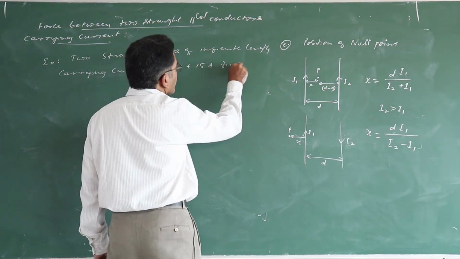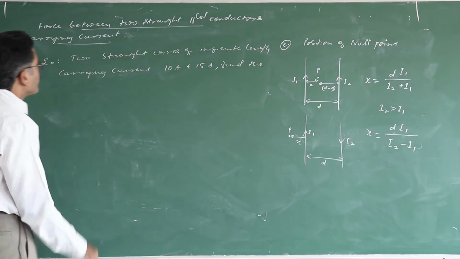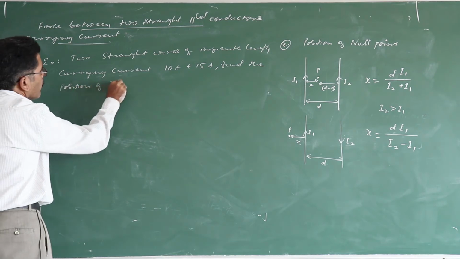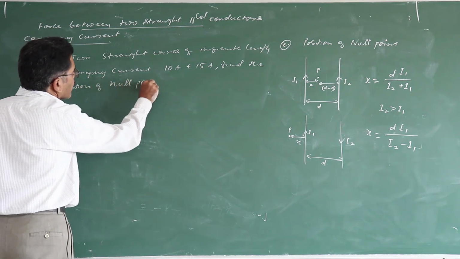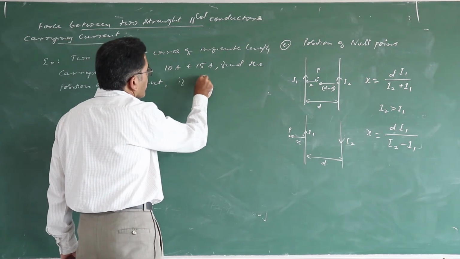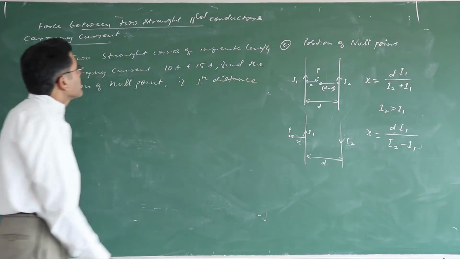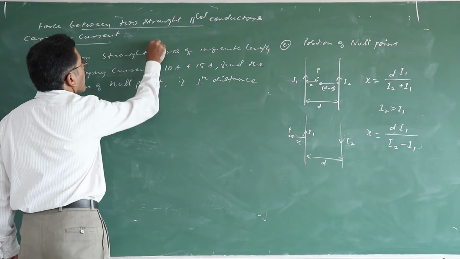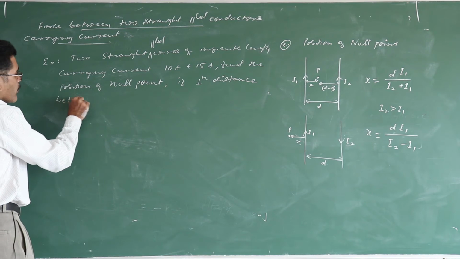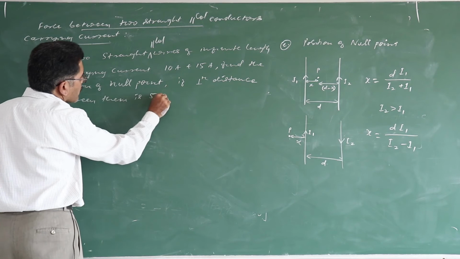Find the position of null point if the perpendicular distance between them is 5 centimeter.